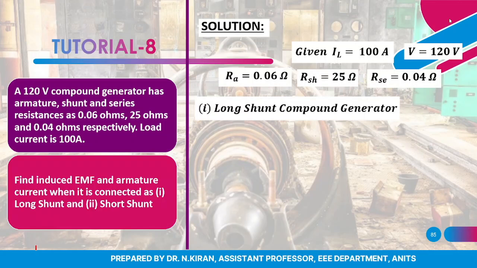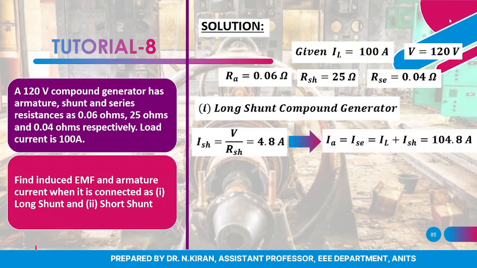First, let us consider long shunt compound generator. In that, we know the value of ISH, the formula is V by RSH. Upon substitution, that will give me ISH value around 4.8 amps. Next, we already know IL, isn't it? So armature current IA will be nothing but IL plus ISH.